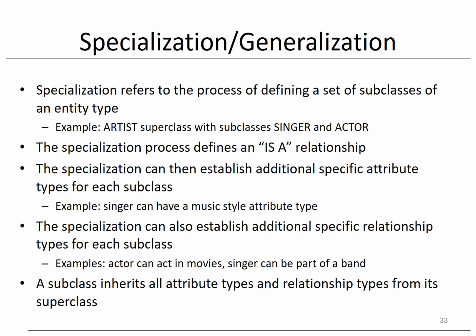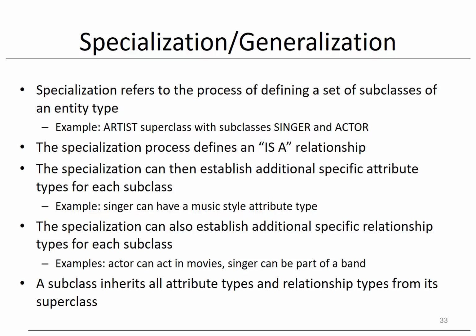The specialization process defines an is-a relationship. In other words, a singer is an artist. Also, an actor is an artist. The opposite does not apply. An artist is not necessarily a singer. Likewise, an artist is not necessarily an actor.